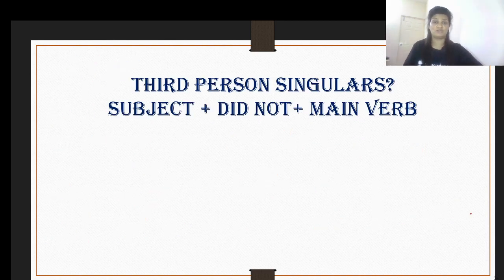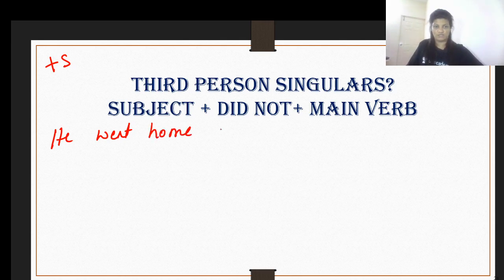What about third person singular subjects? Well, I did tell you that the plus S rule only applies to present tense and not with simple past. With that, let us take the examples. He went home early yesterday.